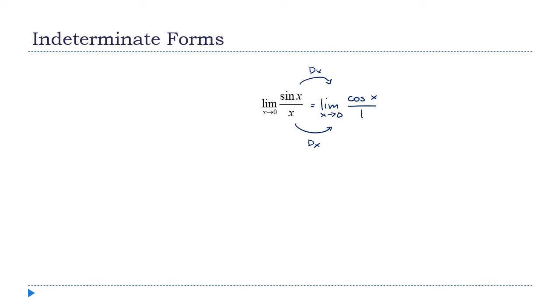Now I can do this just by substitution. This is the cosine of 0 divided by 1. The cosine of 0 is 1, and 1 divided by 1 is 1. And that's it, there's my answer. Two very short, simple calculus steps, much easier than trying to invoke the squeeze theorem and all sorts of other geometric arguments.